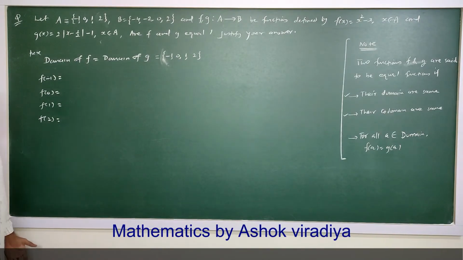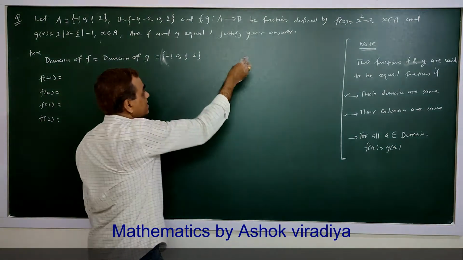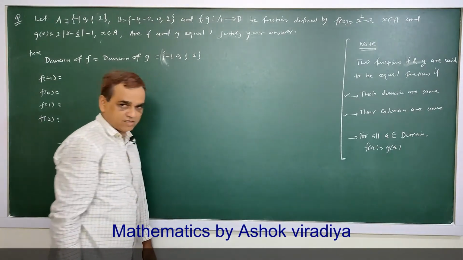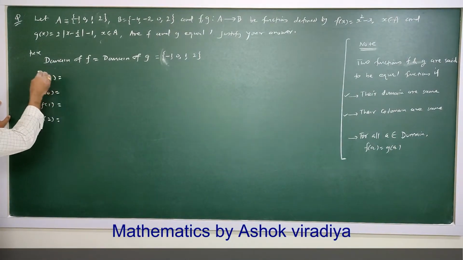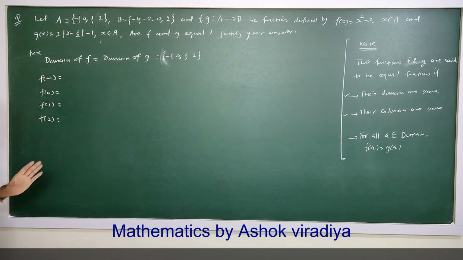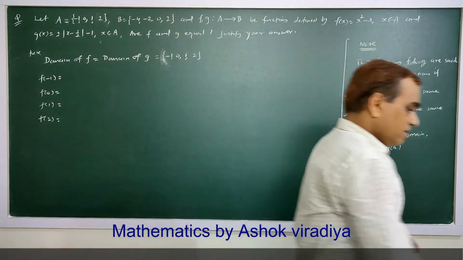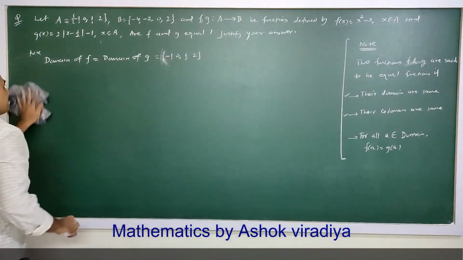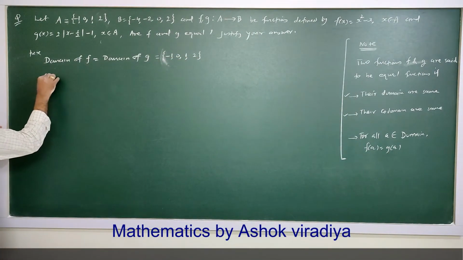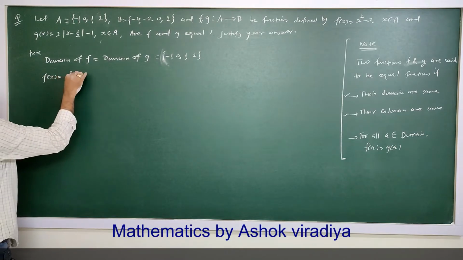Now the formula for f x: f x is x square minus x. Here let me make a space for that statement, f x is x square minus x.